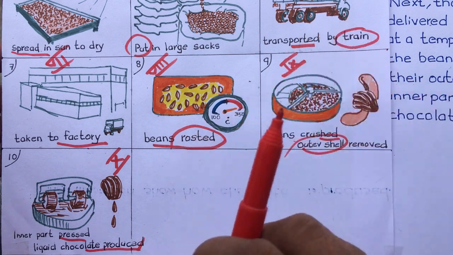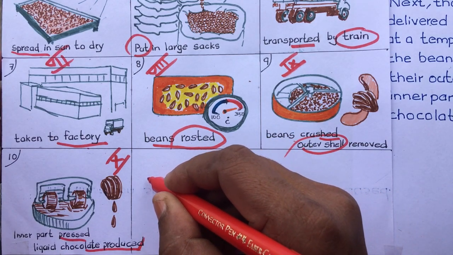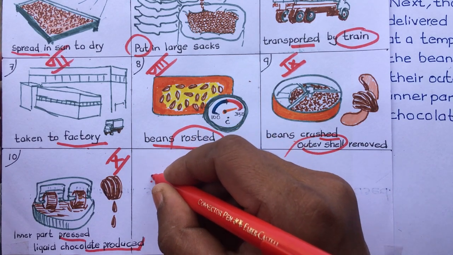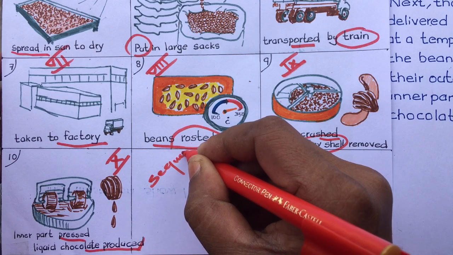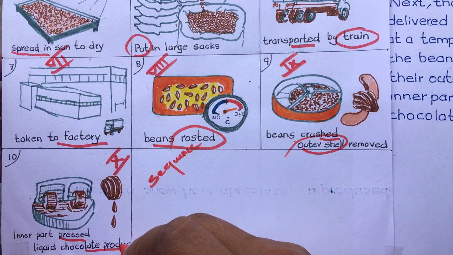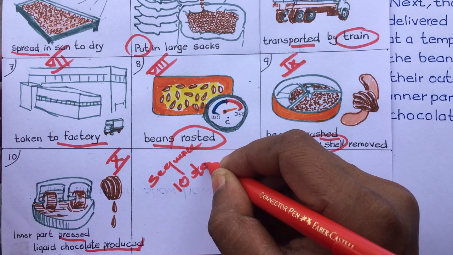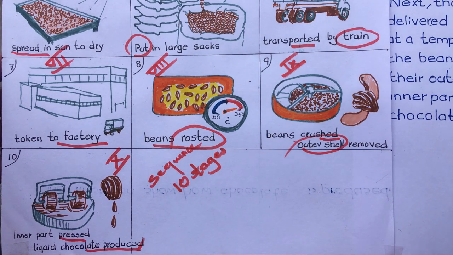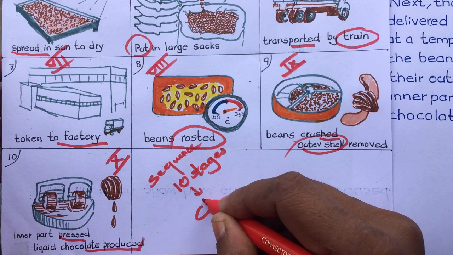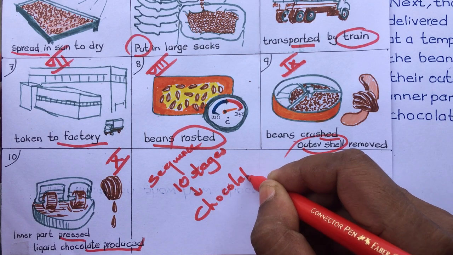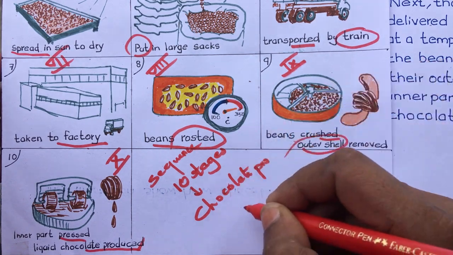So this is your process diagram. What you have to understand is that you have to find the sequence, and summarize by how many stages. So here how many stages are there? 10 stages. And what is this about? Chocolate production. What is the final product?